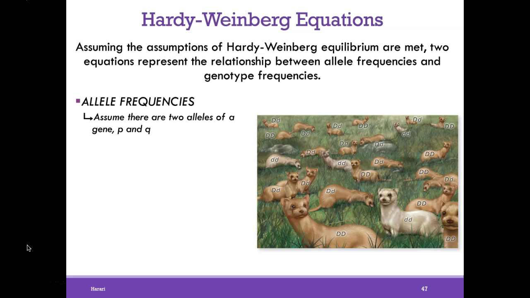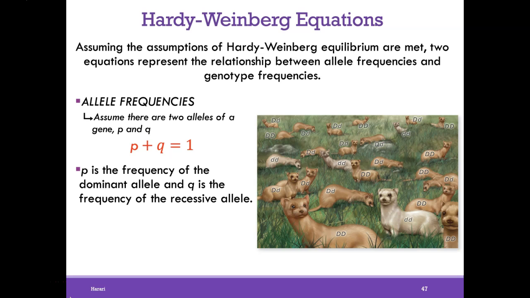So assume there are 2 alleles of a gene. There's P and Q. Both frequencies of a gene must equal 1. P is the frequency of the dominant allele, and Q is the frequency of the recessive allele. Both of those allele frequencies have to add up to 1, right?